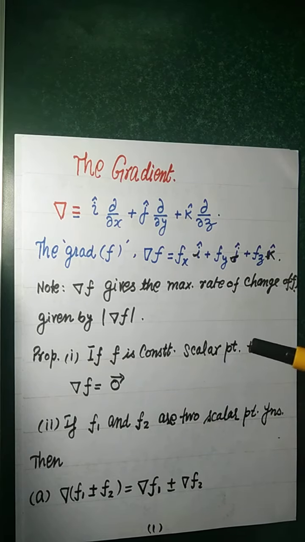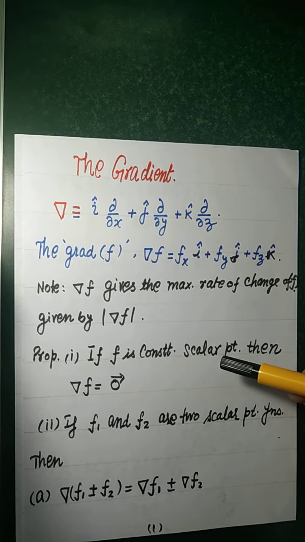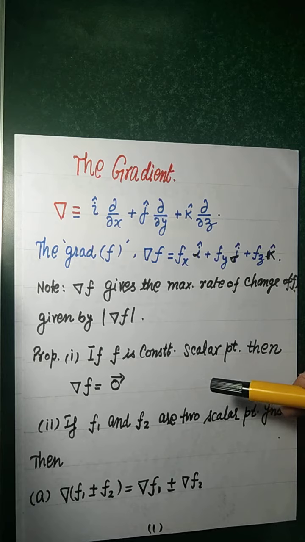These are some properties of gradient of f. If function is a constant scalar point function, then del f equals 0 vector.